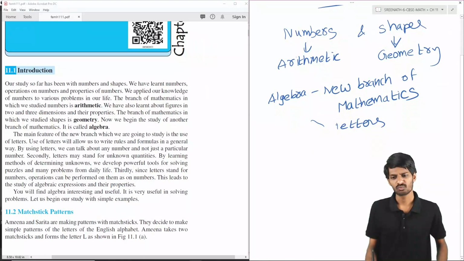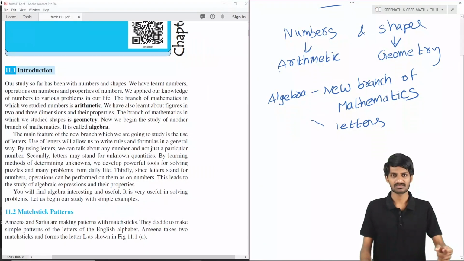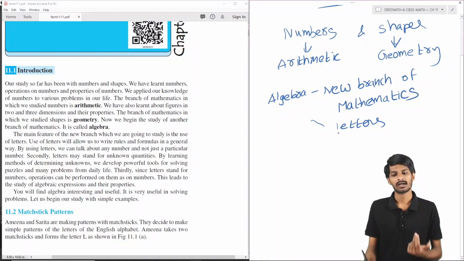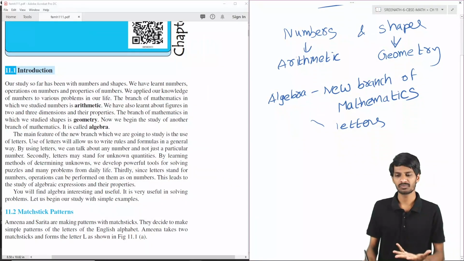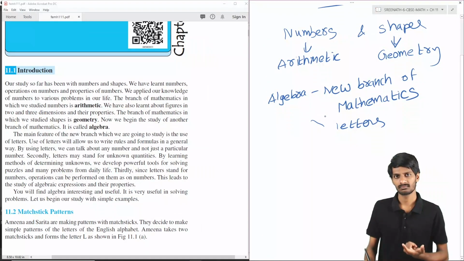This is the thing, students. Why do we use letters? If a number is given, it has a fixed value, but a letter may have any value. A letter is used whenever we don't know the value.